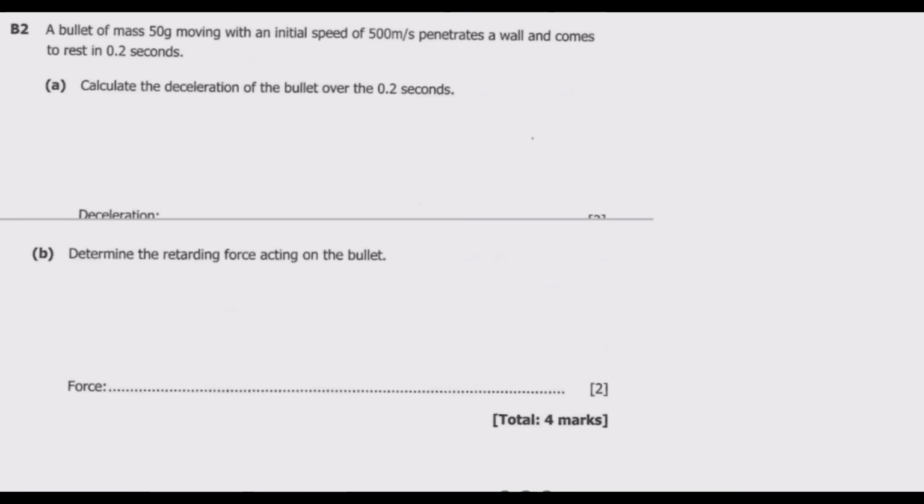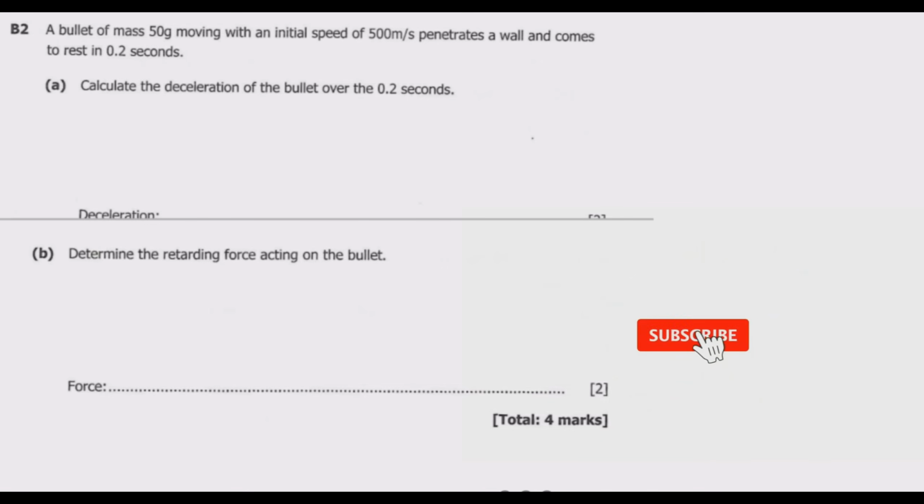Let us look at question B2. A bullet of mass 50 grams moving with an initial speed of 500 meters per second penetrates a hole and comes to rest in 0.2 seconds. Question A. Calculate the deceleration of the bullet over the 0.2 seconds.